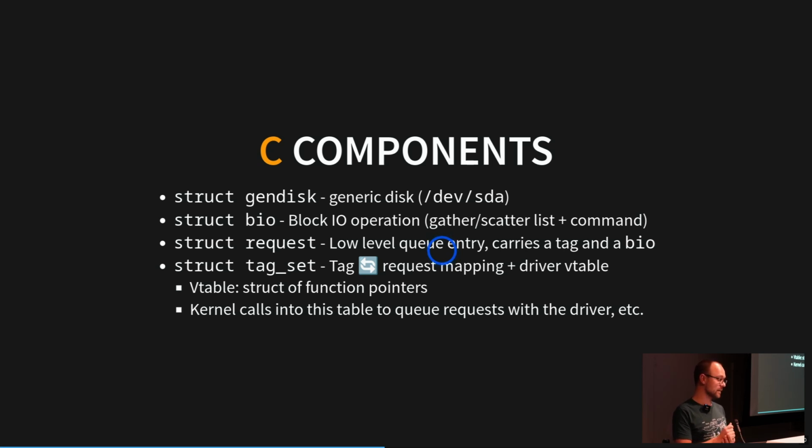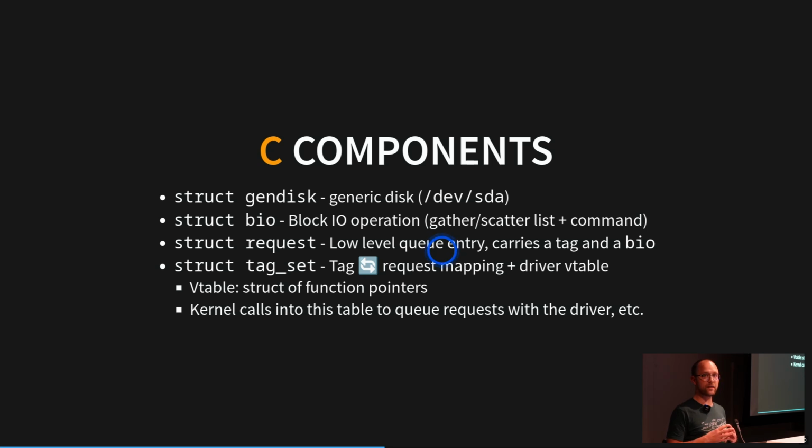The gen disk has a tag set, which is the very efficient mapping structure. This tag set also has a vtable. A vtable is a table of function pointers that the driver implementation provides to the kernel, and then the kernel calls into this table to do stuff such as enqueue requests with the driver.